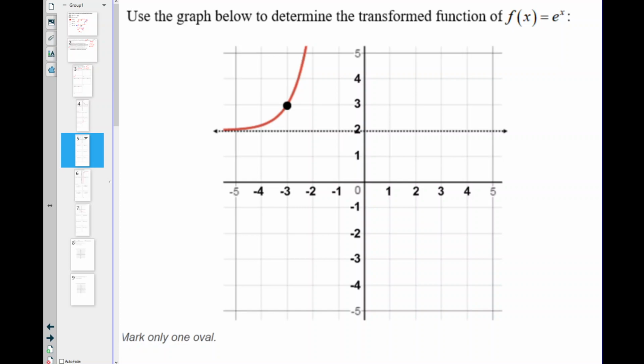Use the graph to determine the transformed function of f of x is equal to e to the x. Okay, so this is exponential. They just want to see what type of transformations occurred. What would be the easiest one to determine?